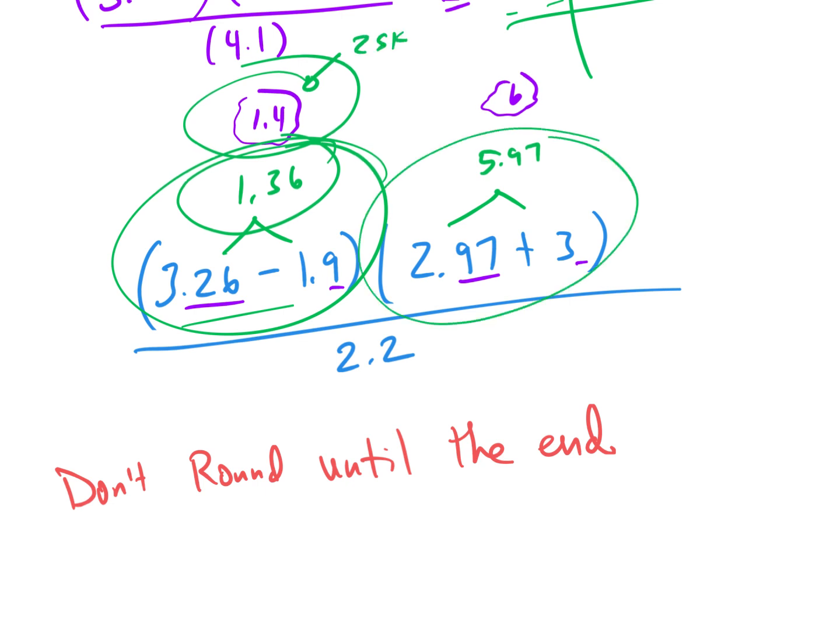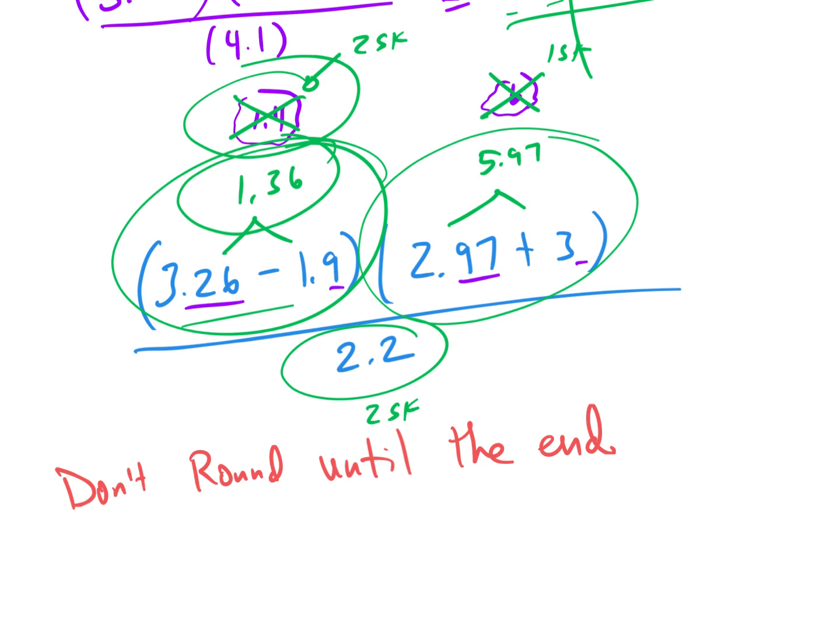This one together has 1 significant figure. And this one down here has 2 significant figures. So our end answer should have how many significant figures? Just 1. But now I'm not going to use that anymore, because I'm not going to round until the end.